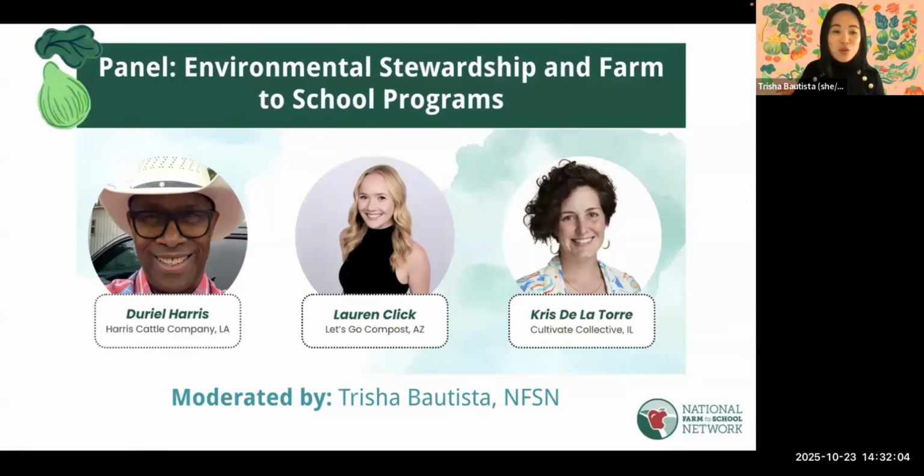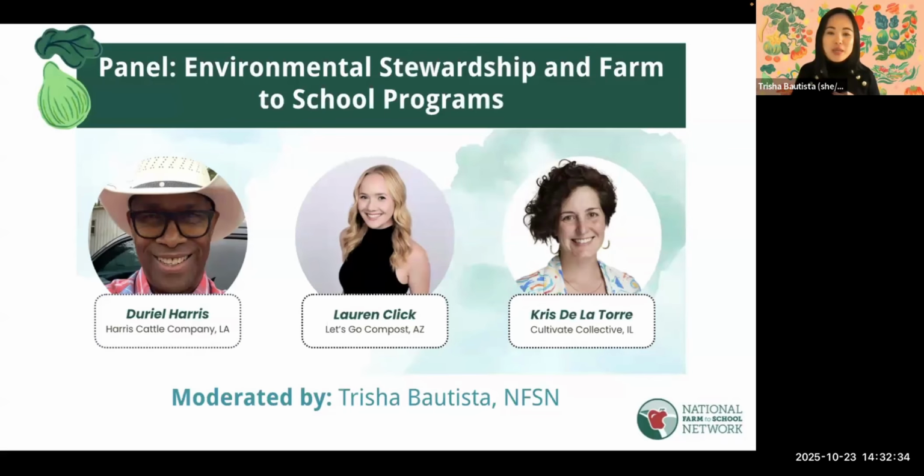All right, so moving us on to this next section of our movement meeting, we are joined by folks who are doing amazing on-the-ground climate-smart practices embedded in Farm to School. I'm so delighted to have them here with us today for about 20 minutes for this panel, completing the food system loop here, starting from our rancher doing beef to school activities, and also former NFL player Doriel Harris.